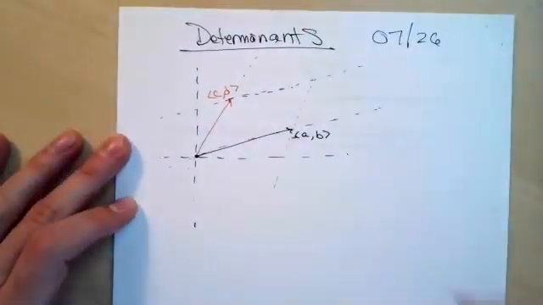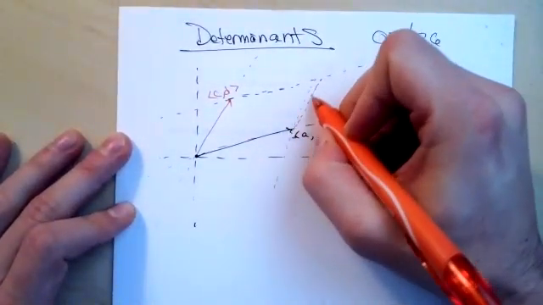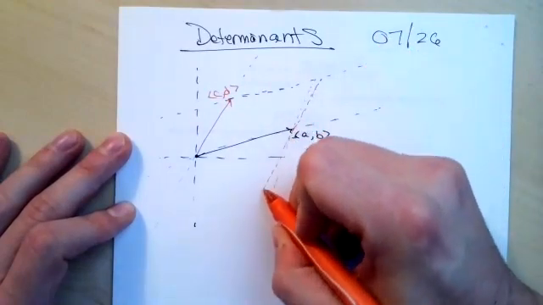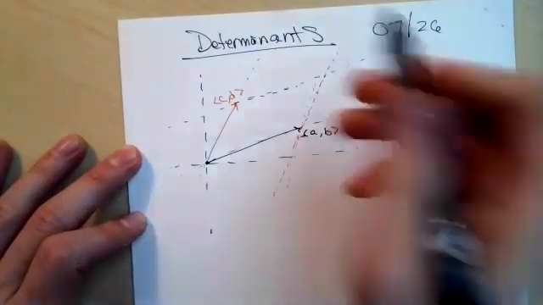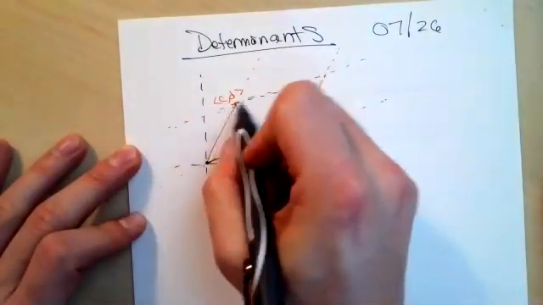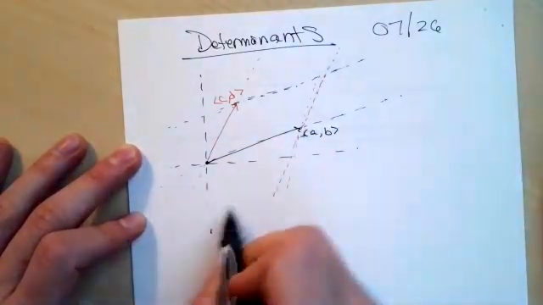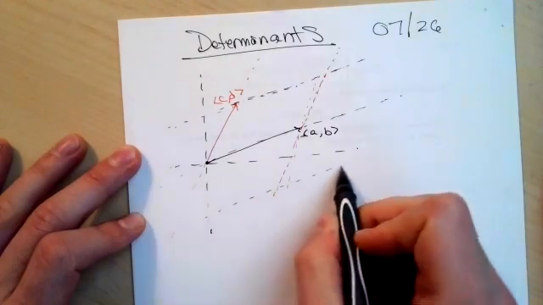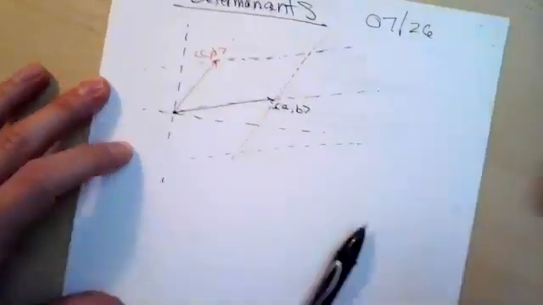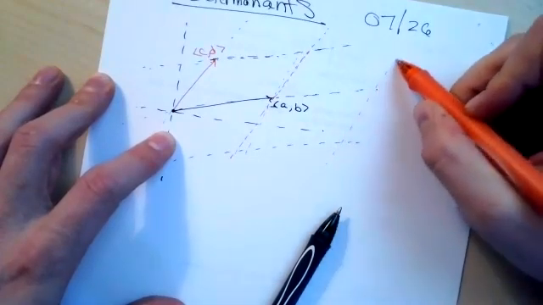Let me try to get them as parallel as I can. If your drawing skills are good enough, you can draw your grid lines parallel, and our next grid line might be somewhere down here for that guy, and then of course we'll have more of these slanted grid lines.